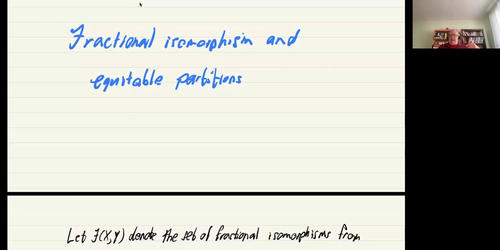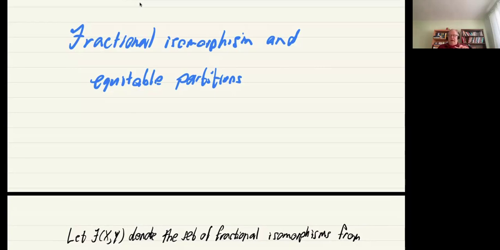So if I have a permutation, I can look at the group it generates, and I get an equitable partition. This was not the first place, but the second place where equitable partitions arose in the context of computing automorphism groups. So groups of automorphisms give rise to equitable partitions.